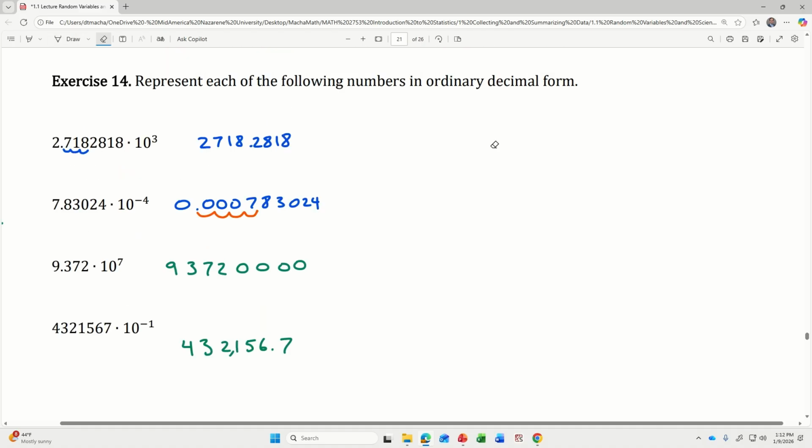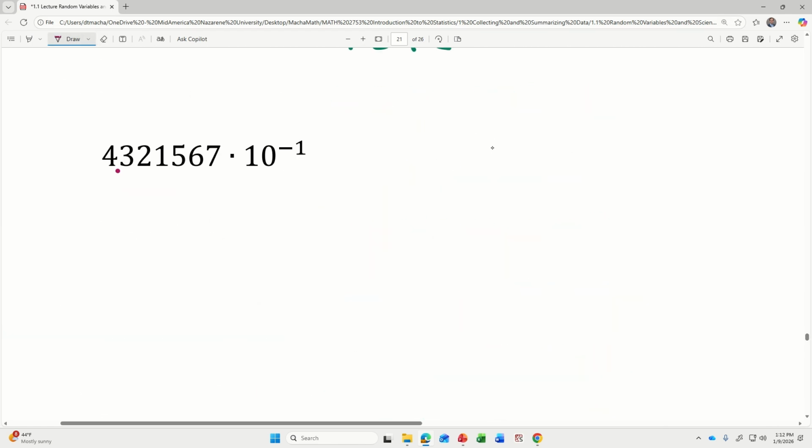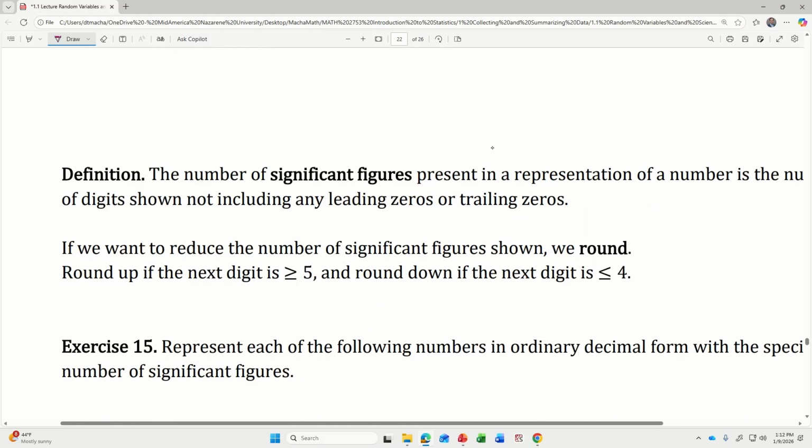But I guess the exercise just says represent each of the following numbers in ordinary decimal form. But I guess to be consistent, I should have put a little decimal there. If I did put a little decimal there, then the first answer was correct. If this is the case, where a little decimal is there, then it would be 0.4321567. Okay. Very good. I feel like you guys get it.